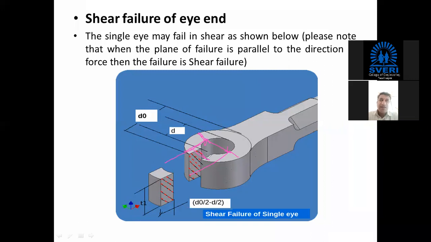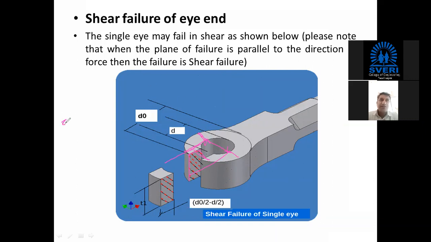So the resisting area will be thickness multiplied by again this width. And this width we have calculated as DO minus d divided by 2. But shearing is taking place at both sides. That's why multiplied by 2 will be there.